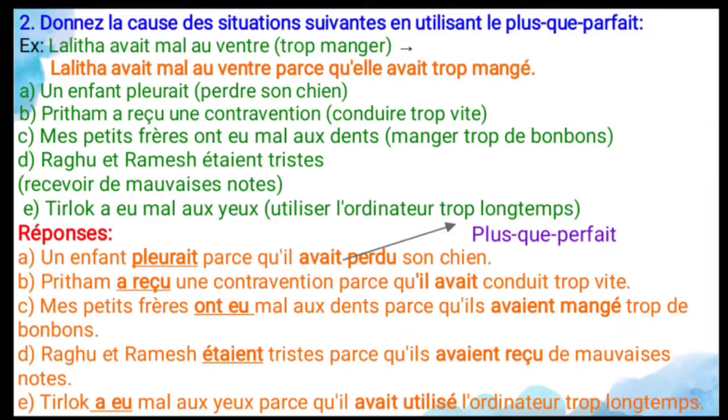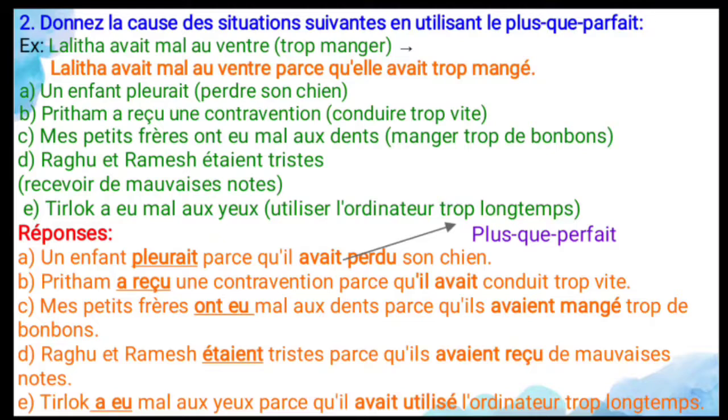And C1, mes petits frères ont mal aux dents. So my small brothers had a toothache. Why? And the verb is manger trop de bonbons, eat a lot of candies. Bonbon means what? Candies. Let's see the answer. So mes petits frères ont mal aux dents. Why?